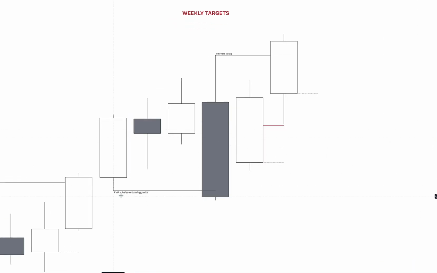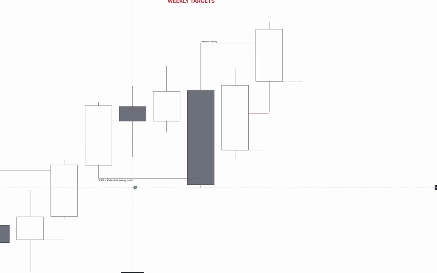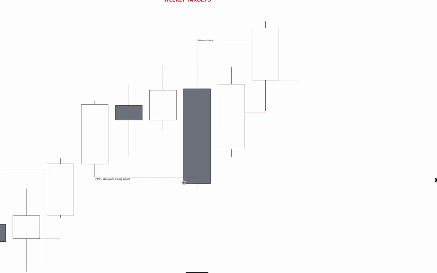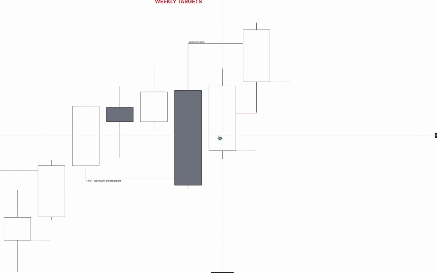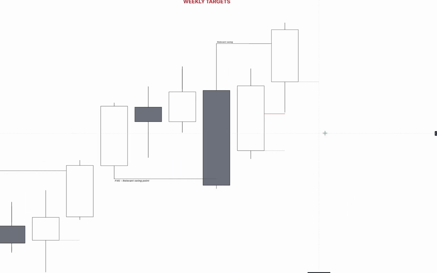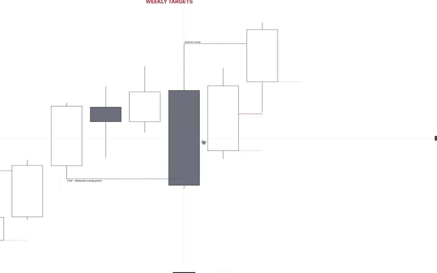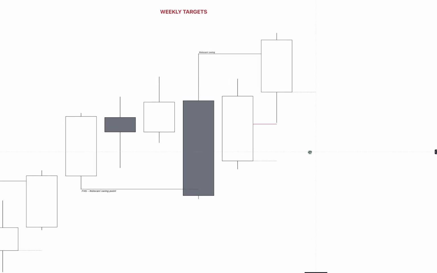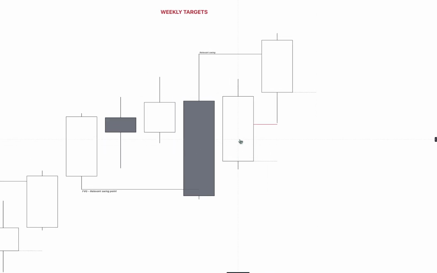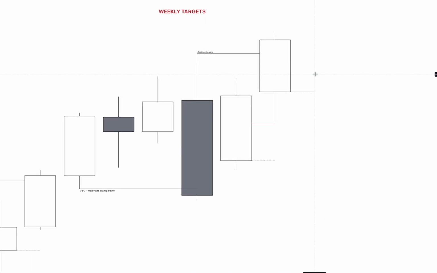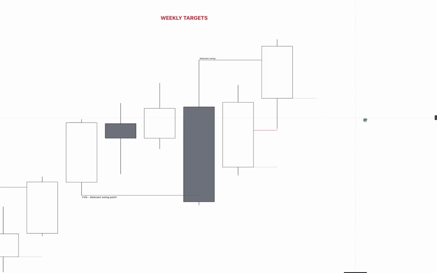So like this fair value gap, the market came into the fair value gap, and the next week it opened with a gap higher. So based on how the first couple days of the weekly candle trades, you can easily determine the direction of the next day following, right?